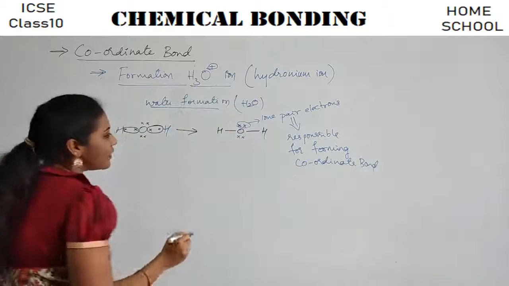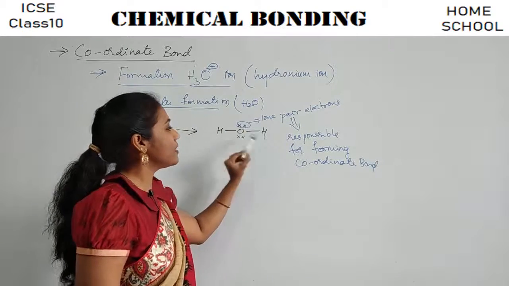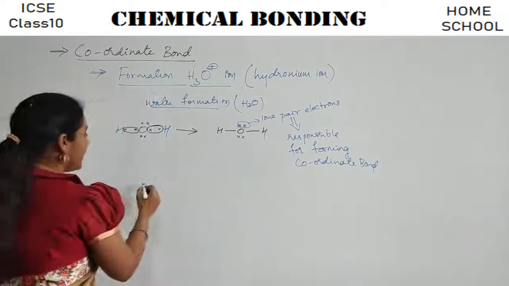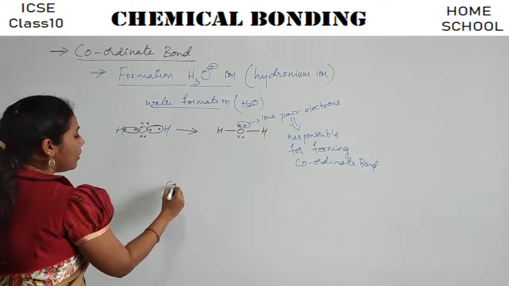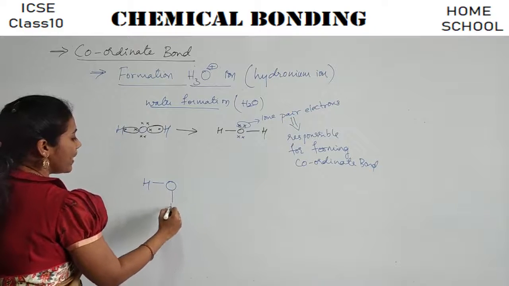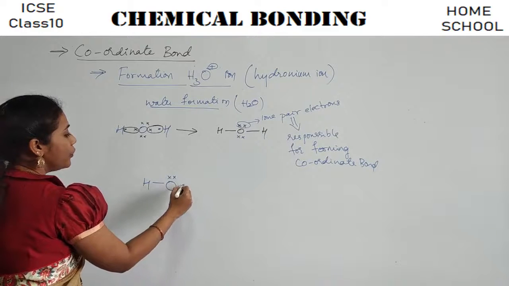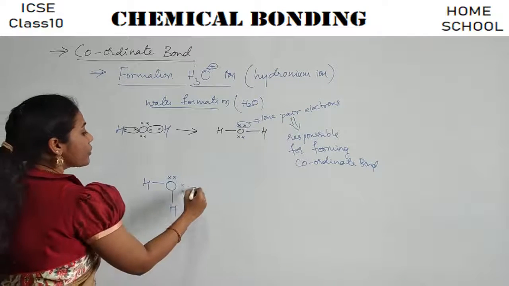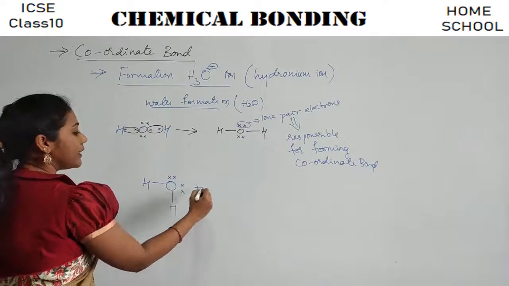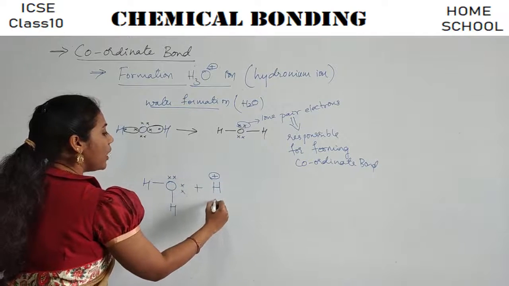So now our water molecule has two lone pairs of electrons on oxygen. Let me write water here, oxygen, this is one hydrogen, another hydrogen I will mention here. This particular oxygen has two lone pairs. Now this water can react with H plus ion.